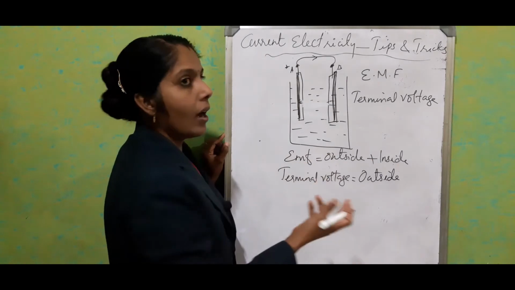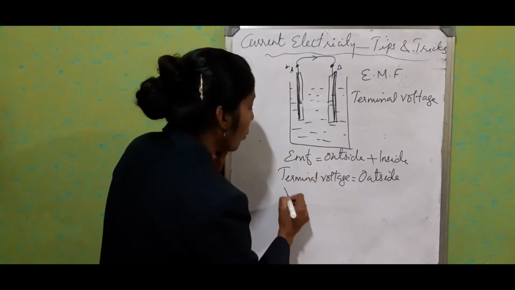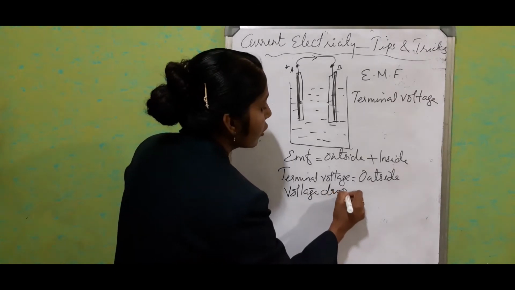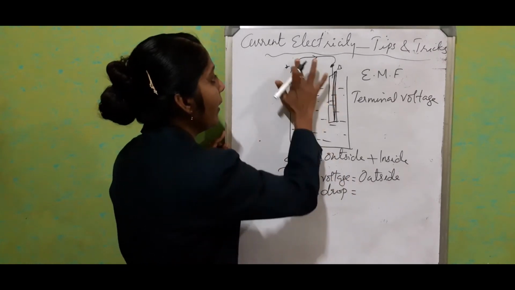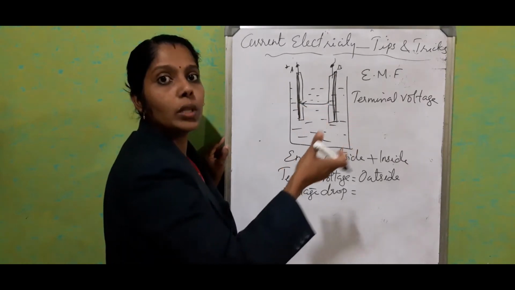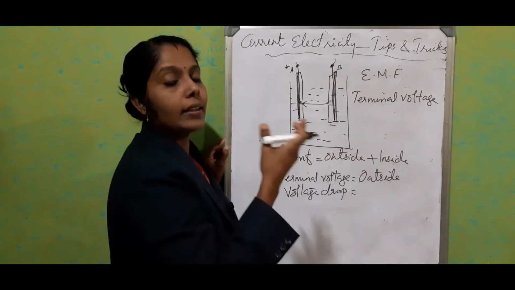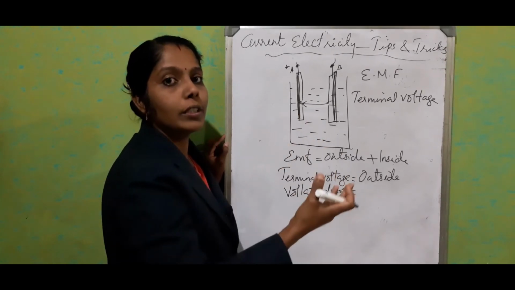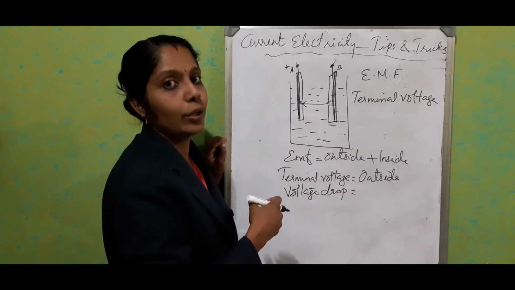Now a third factor, voltage drop. What is voltage drop? Here we are considering only the inside part, through the electrolyte. The amount of work done to carry the ions or unit charge through the electrolyte.